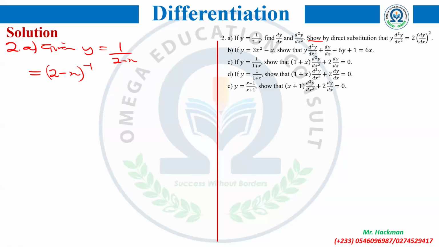After that, we'll handle it from the composite, sorry, the chain rule perspective. So in this case, my dy/dx will be equal to, I'm differentiating this, bring the power down, 1 is simply understood to be there. This time I won't write it. Keep your 2 minus x, reduce the exponent by 1, so that will give you -2. Then times the differential of what you have in bracket, and this will give you -1. Is that clear?